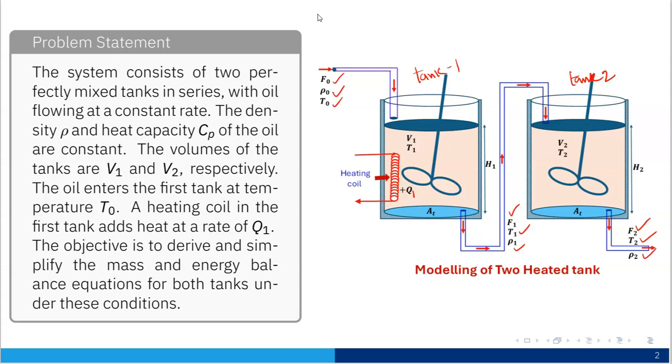Tank 1 volume is V1 and tank 2 volume is V2.